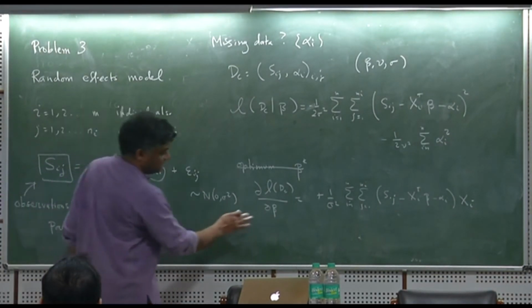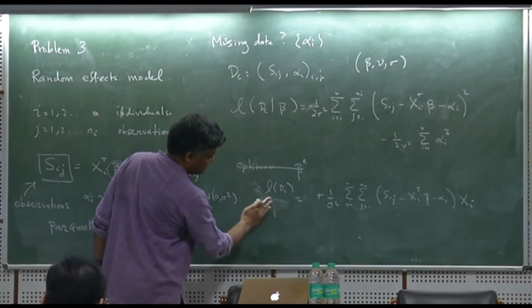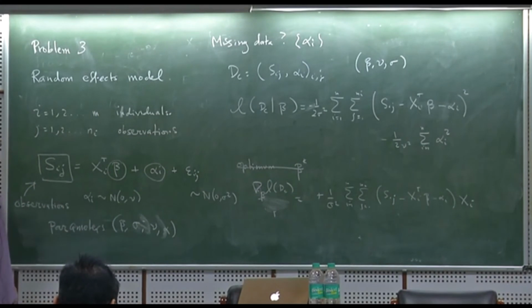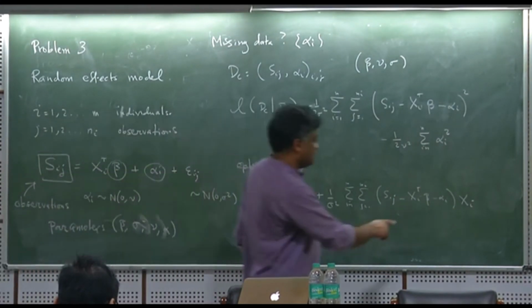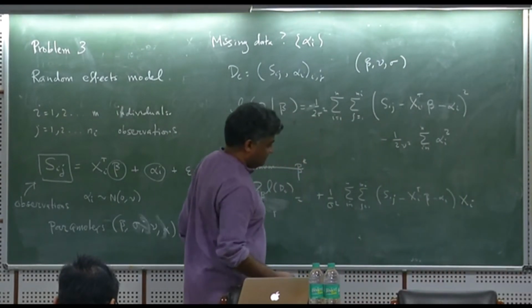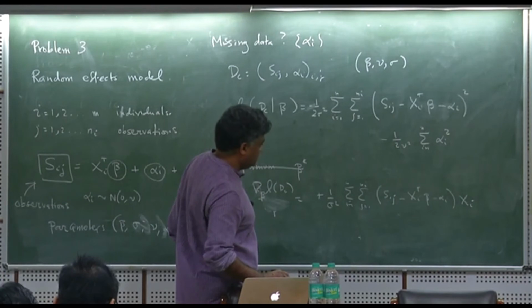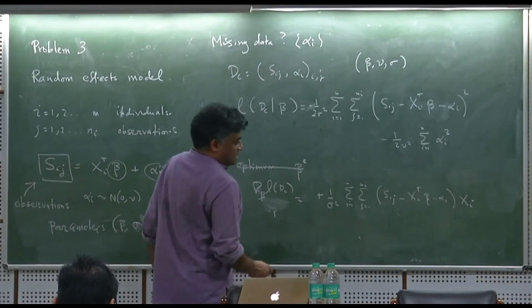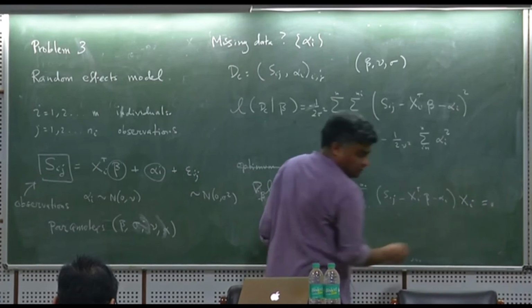It's actually not a derivative because this is a vector, so this is basically the gradient with respect to beta. I'm just abusing notation. And these are all the vectors x_i's that I'm going to get. We can set this up and put it equal to 0.